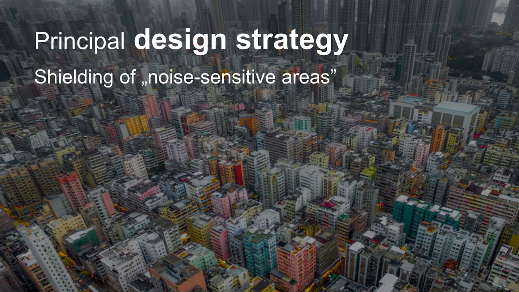And our first weapon as designers, our design strategy against outdoor noise, is so-called shielding of noise-sensitive areas. Noise-sensitive areas would be rooms such as bedrooms, hotel rooms, maybe libraries, and similar spaces where rest or concentration is important.